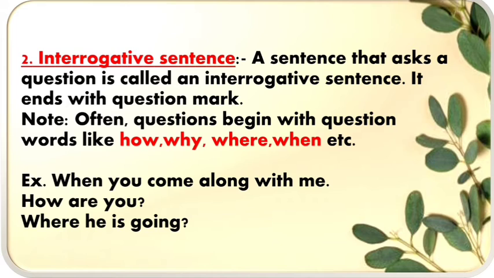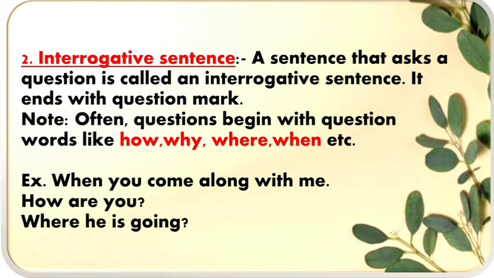Note, often questions begin with question words, and they are words like how, why, where, when, etc. These are the question words. When you see these words in a sentence, you can understand that this sentence is an interrogative sentence.